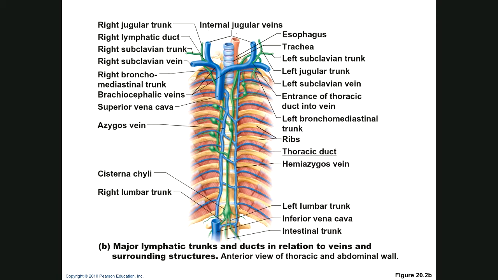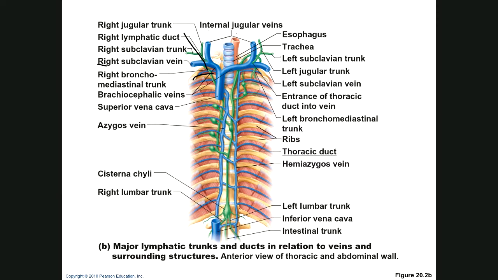These deeper vessels, this is showing where the actual ducts dump into the circulation. So here is our subclavian vein. There we go. The subclavian vein and the jugular. So right here is where the right lymphatic duct dumps its fluid. Left subclavian vein, left jugular.